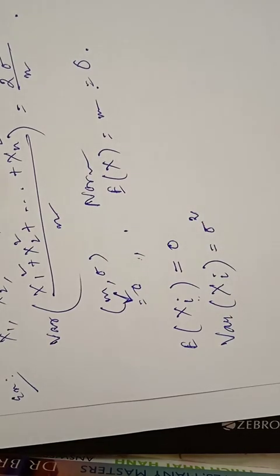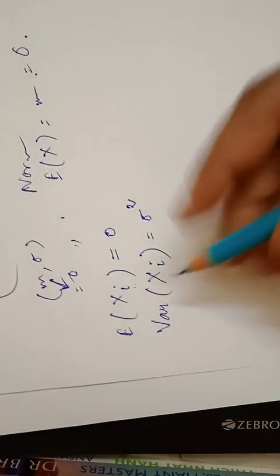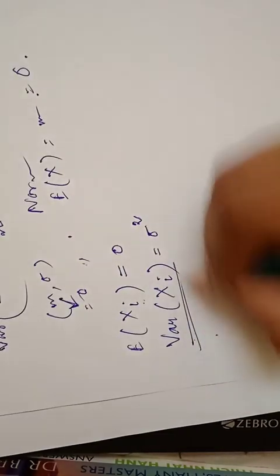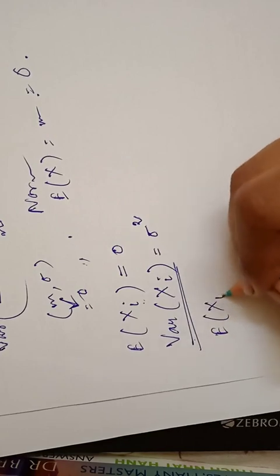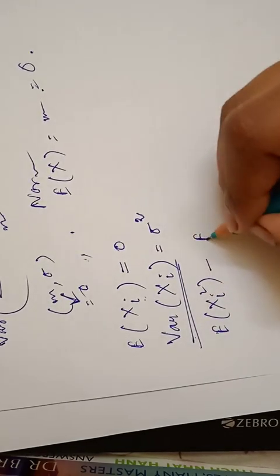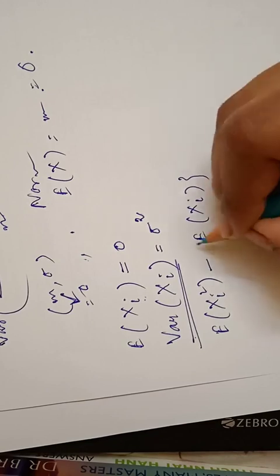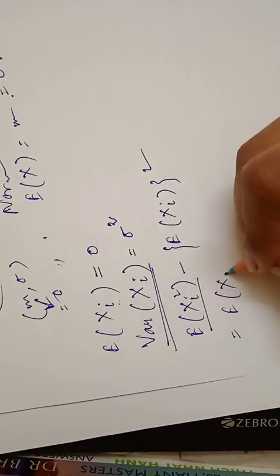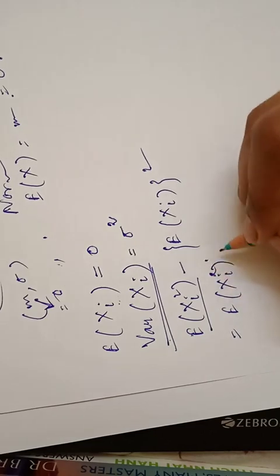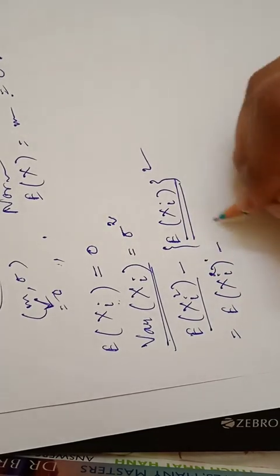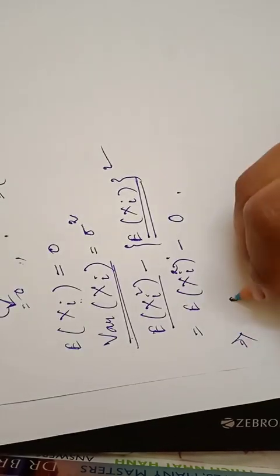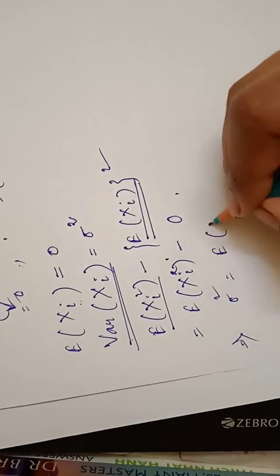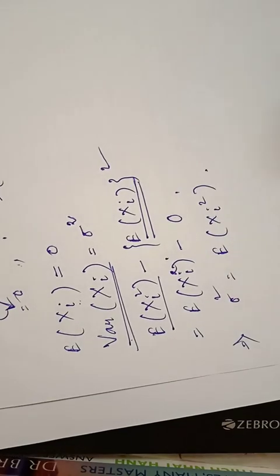We can take sigma 1 square, sigma 2 square, sigma n square, but as all are the same, we are taking it as sigma square. Now variance of Xi has the formula expectation of Xi square minus expectation of Xi its whole square. Put the value, that means expectation of Xi square minus 0. So from here we are getting sigma square equals expectation of Xi square.